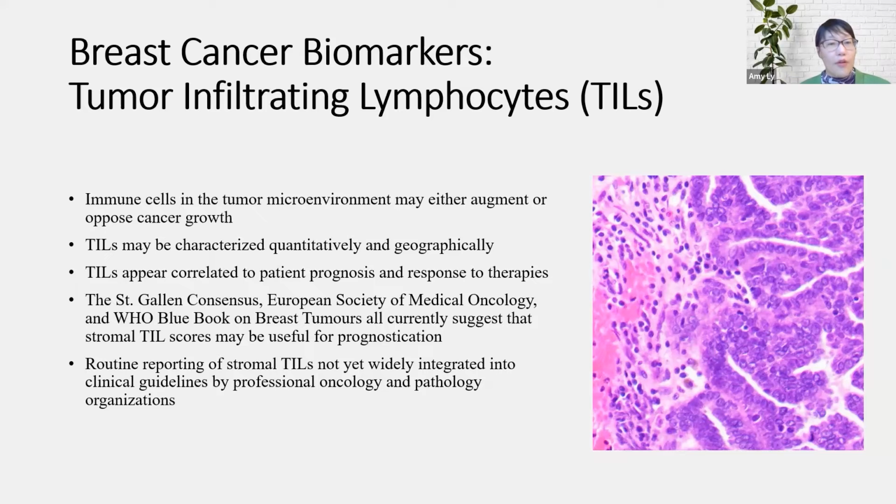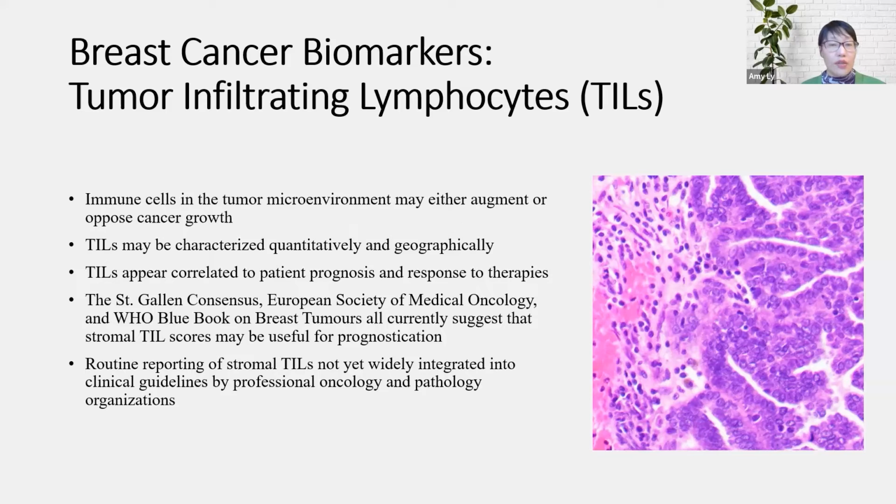Another breast cancer biomarker that is emerging is tumor infiltrating lymphocytes, or TILs, and cancer prognosis and response to certain immune checkpoint inhibitor therapies relies on an endogenous host effector T cell in the tumor microenvironment. So these are going to consist of a heterogeneous population of immune cells that can either support or oppose cancer growth.